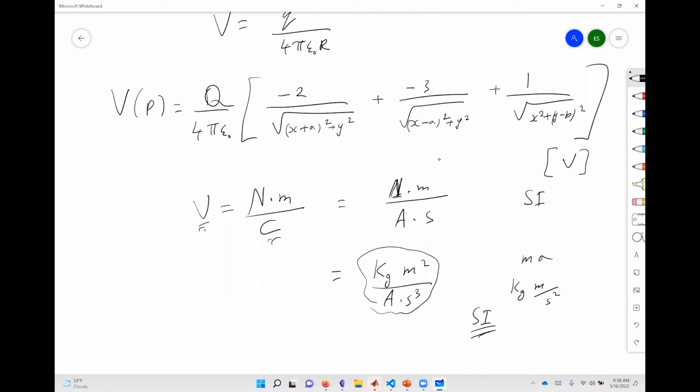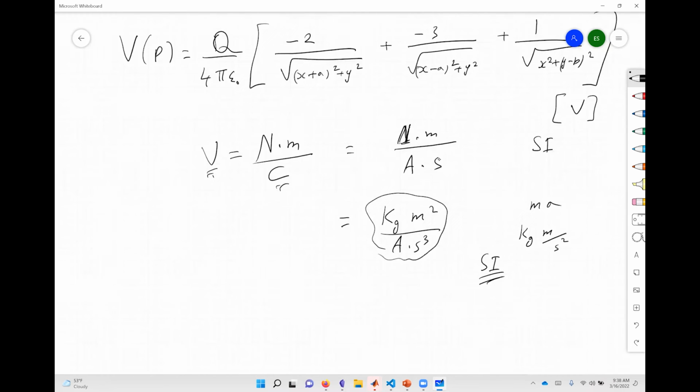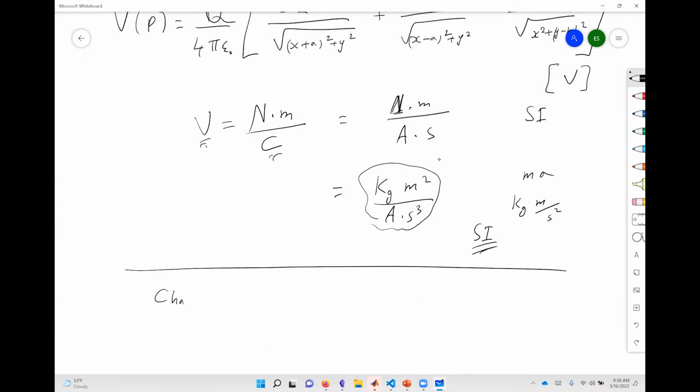Okay, so charge distributions. This is simple. This is even simpler than Coulomb's law. So, potential due to charge distributions.